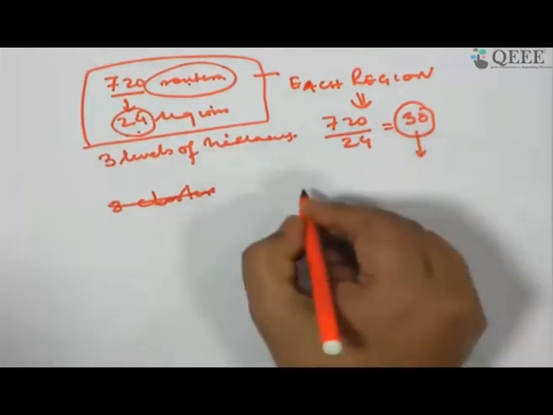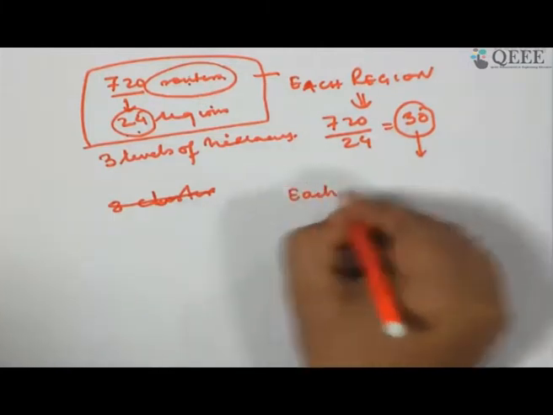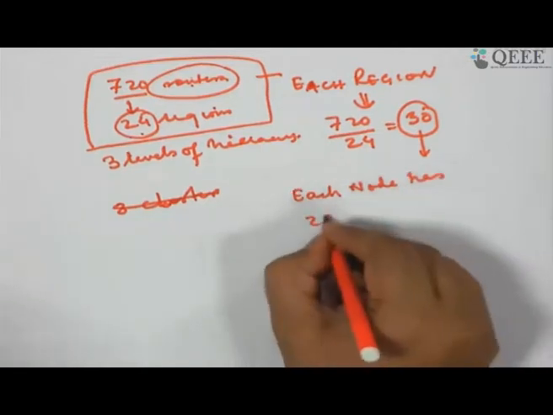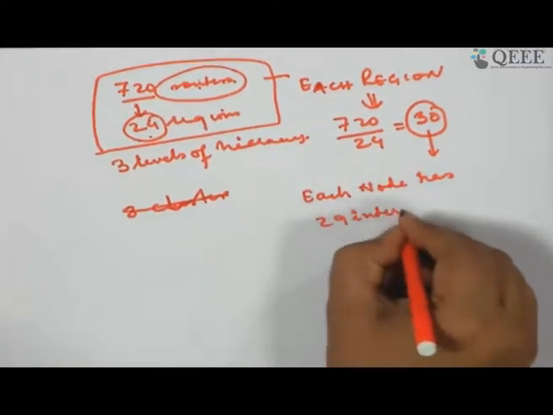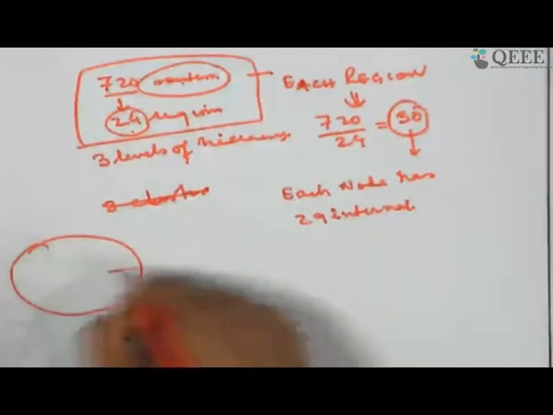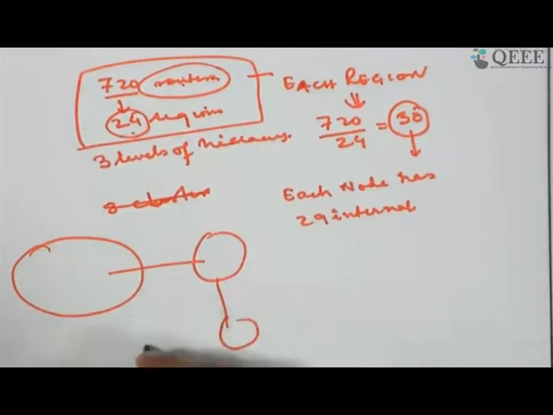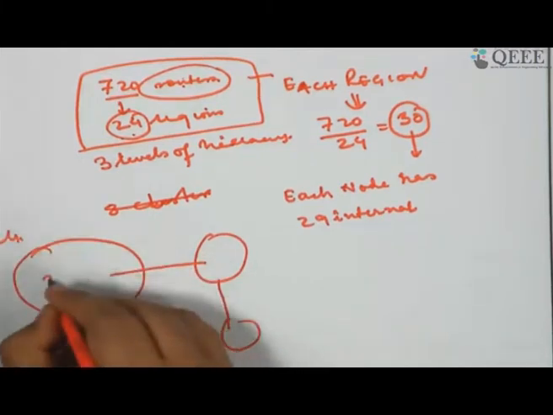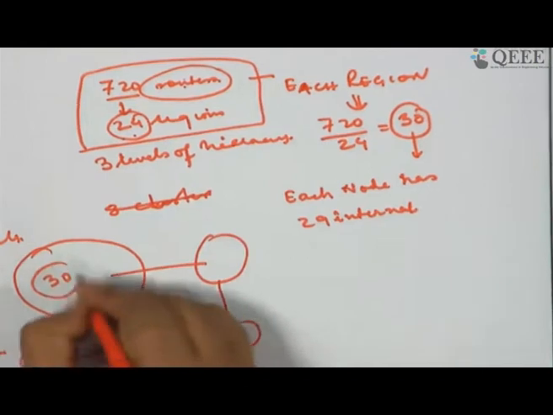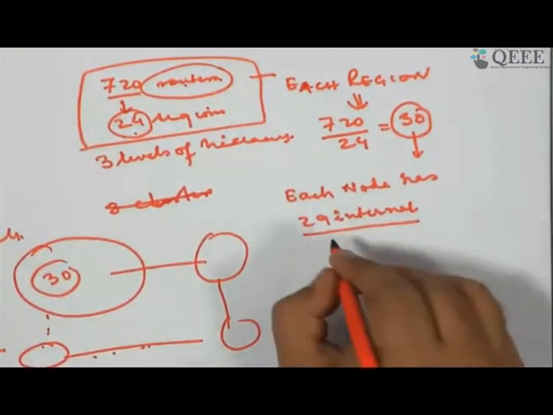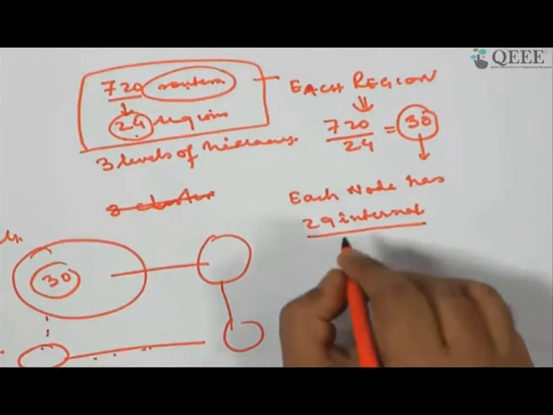So each node has 29 internal neighbors. You have 24 regions, and each has 30 nodes. How many external neighbors?